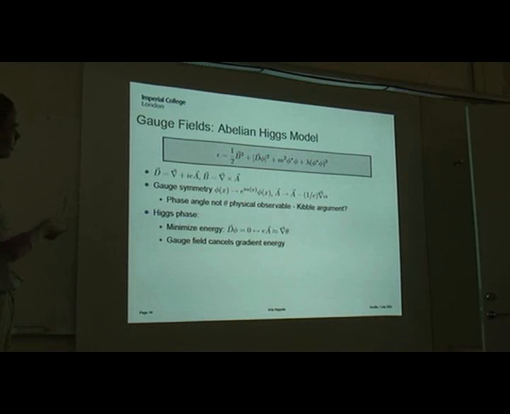To do that, you just have to have the coupling e times the gauge field equal to the gradient. You can do that either by changing the gradient, making the phase uniform, or by changing the gauge field. So you can cancel the gradient energy by changing the gauge field. And that changes the dynamics quite significantly.